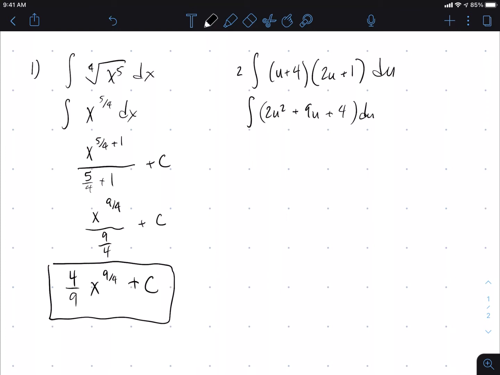Yeah. Okay, and then we have 3 integrals here, right? 2u squared, 9u, and 4. We could break it up into those 3. Do I need to show that to you guys, or are you okay with that? It makes sense, the 3 integrals, but I know sometimes we'll take out the constant, so for the first one, 2u squared, would we do 2 and then the integral of u squared?